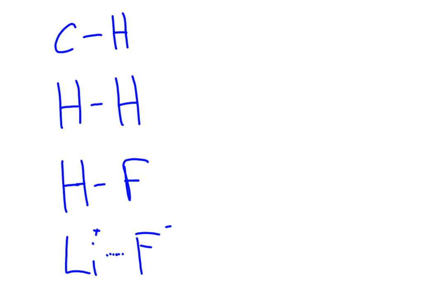So, when it comes to determining if a bond is polar or not, you need to get the mathematical difference between the electronegativity values. As it turns out, carbon has an electronegativity value of 2.5. Hydrogen has an electronegativity value of 2.1.